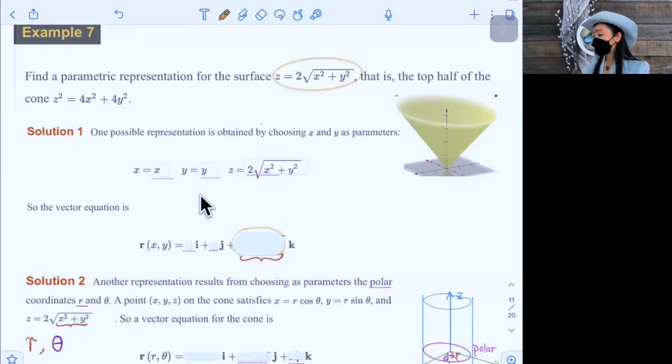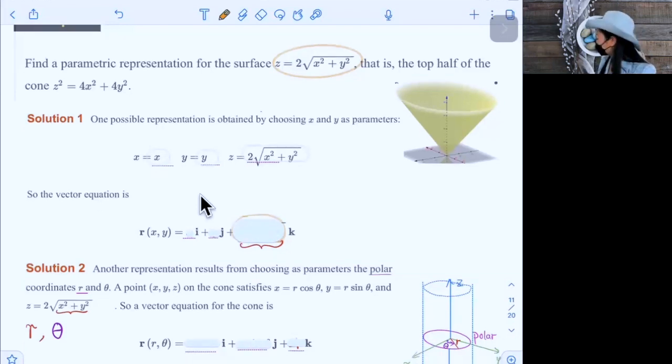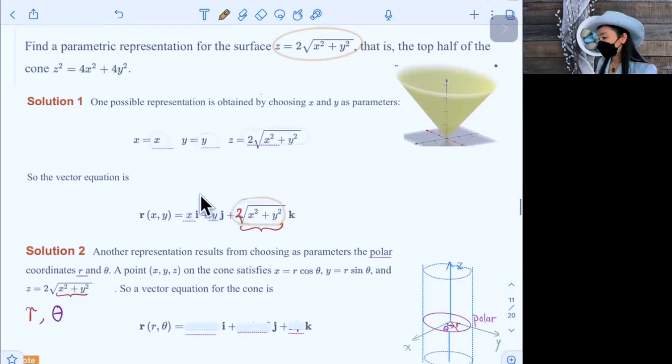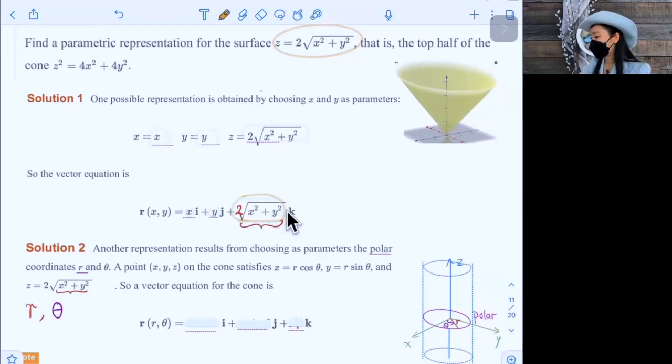So that's easy. And then for the vector equation, you just put them into each component: x, y, and then 2 square root of x squared plus y squared. The book here forgot the 2, so you put the 2 back here. So that's one way. What about another way?